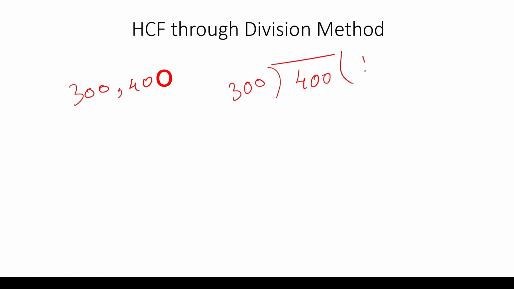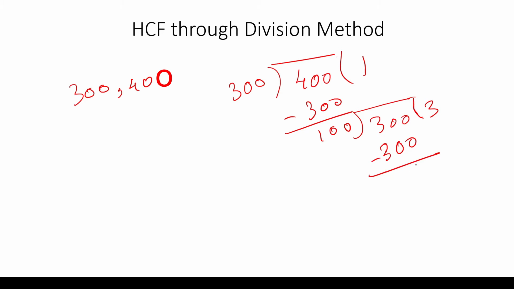If we divide it, here is a special rule: now 100 is the divisor and the previous divisor is now the dividend. The HCF will be the last divisor that we divided with. So here 100 is the last divisor, so 100 is the HCF of these two numbers.